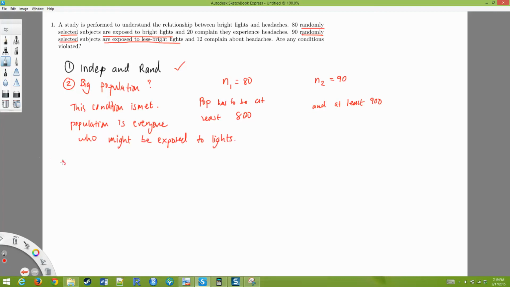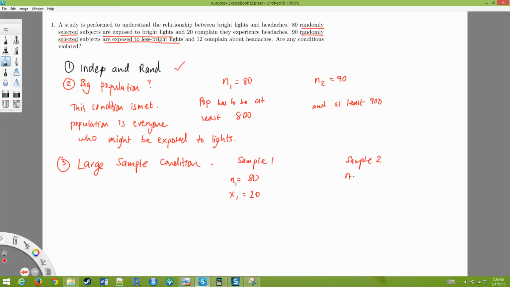And then lastly, the large sample condition. Is this met? We have two samples, sample 1 and sample 2. Sample 1 has n equal to 80 and x equal to 20.